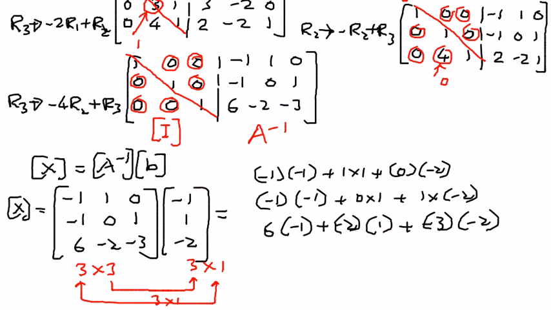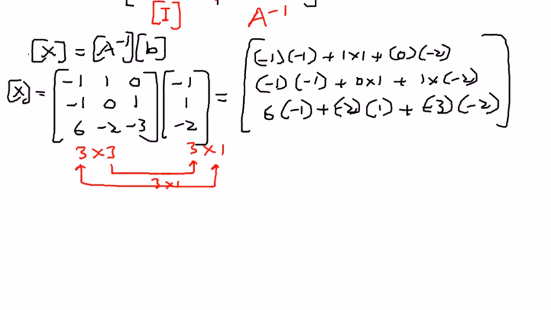Okay, we can simplify this. When we simplify, this is going to come out as follows. -1 times -1 will be +1, 1 times 1 is 1, and then 0 times -2 is 0. In the second row, we have -1 times -1 is 1, 1 times 0 is 0, and then 1 times -2 is -2.